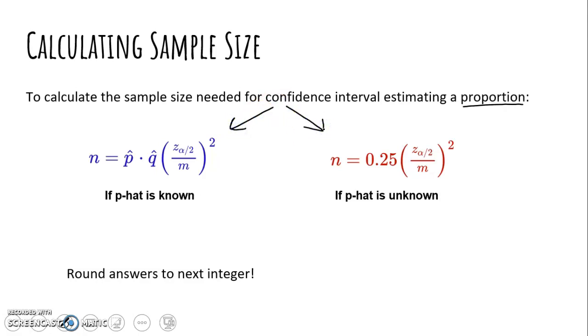The two different formulas depend on whether or not you know p hat. If you know p hat, then it is p hat times q hat times the critical value over M, where M stands for margin of error.